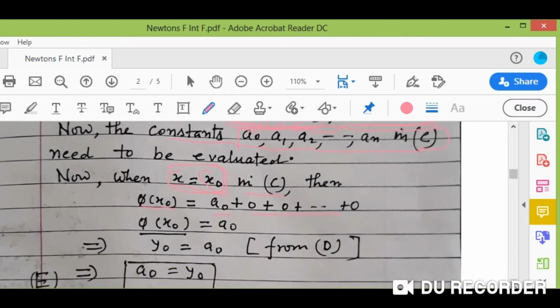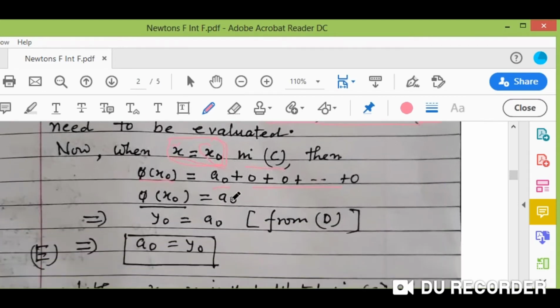Phi x naught is equal to a naught, and phi x naught is y naught. Y naught is equal to a naught, so a naught is equal to y naught. So the value of a naught is computed here. The first constant is computed here.